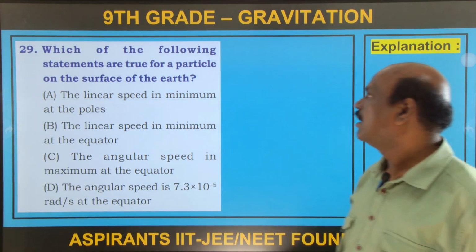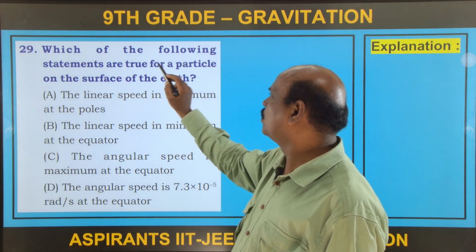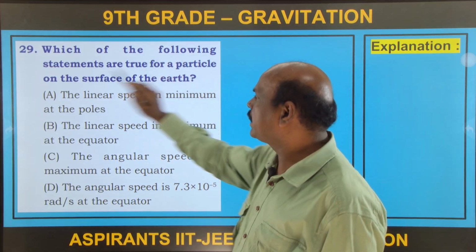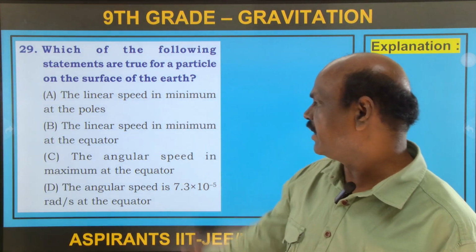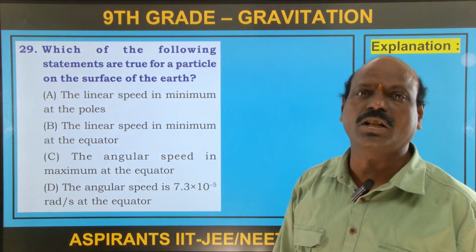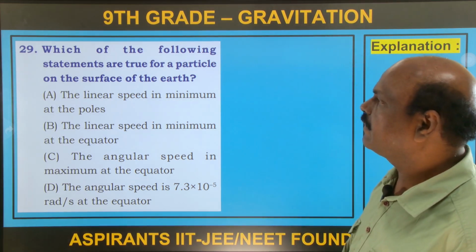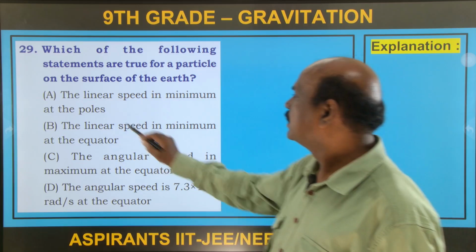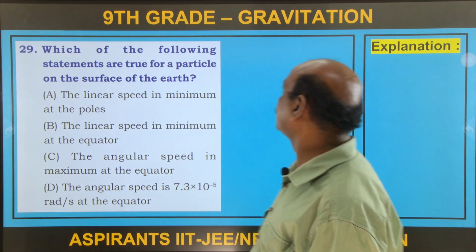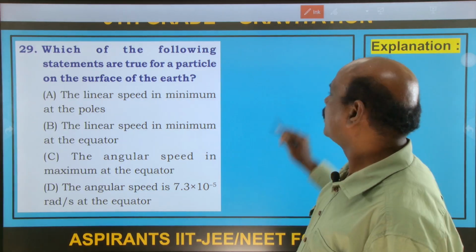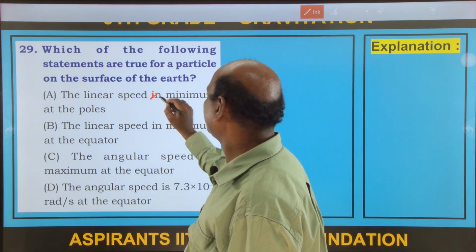Next, which of the following statements are true for a particle on the surface of the earth? Means in the given statements, which statements are correct? Let us check one by one. First one is asking us the linear speed is minimum at the poles.